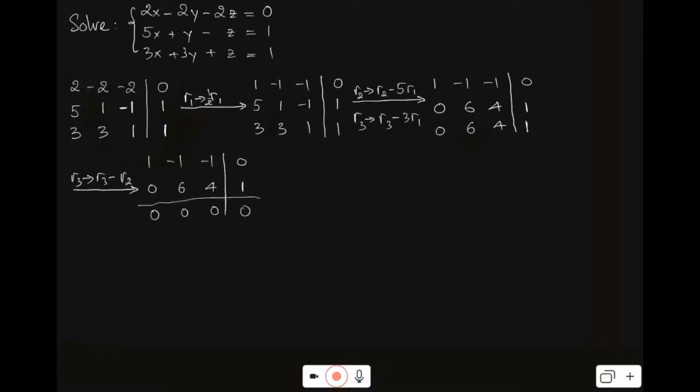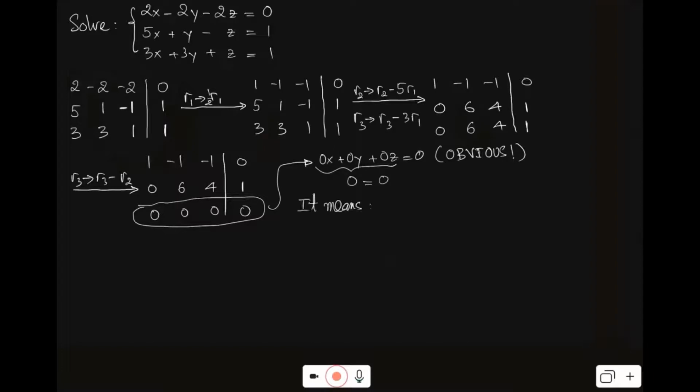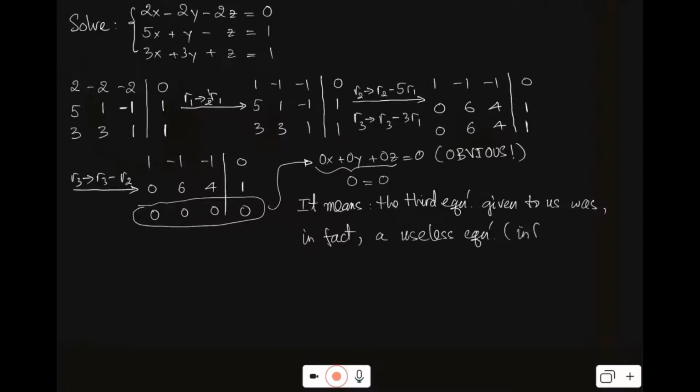This last equation means that if you rewrite it in the xyz form, it means 0x plus 0y plus 0z equals to 0, which is obvious, right? Because that means you are looking for xyz that will make 0 equals 0. It means that the third equation given to us was in fact a useless equation or a useless information, right?